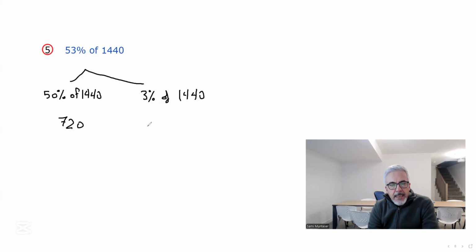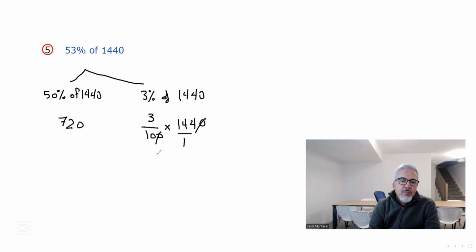Here we're just going to change this to a fraction, so we're going to go 3 over 100 times 1440. Just know when you multiply a fraction by a whole number, you could reduce this whole number with the bottom of the fraction. So 0 goes with 0 here. And at this stage, I'm just going to multiply the 3 into the 144.